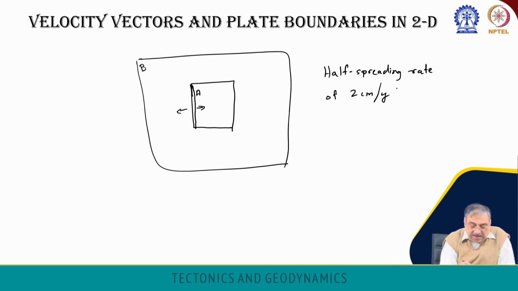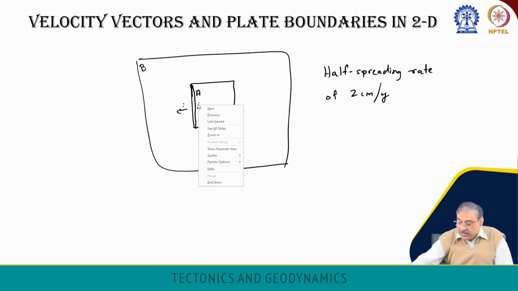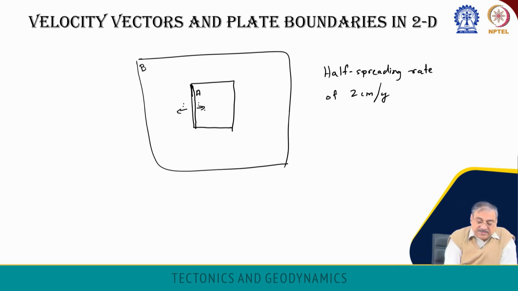So, now if there were two observers here and here on these two plates, an observer on plate B would observe the observer on plate A to be moving towards east at the rate of twice 2, that is 4 centimeters per year.